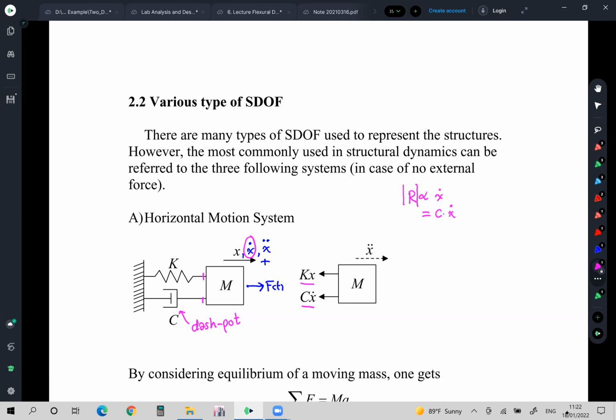Therefore, this will be the resistance from the water trying to stop the movement of my mass by putting the force in the opposite direction of the velocity. That's why I can write down my Cx dot in this direction, the arrow from the right to the left, like this one.